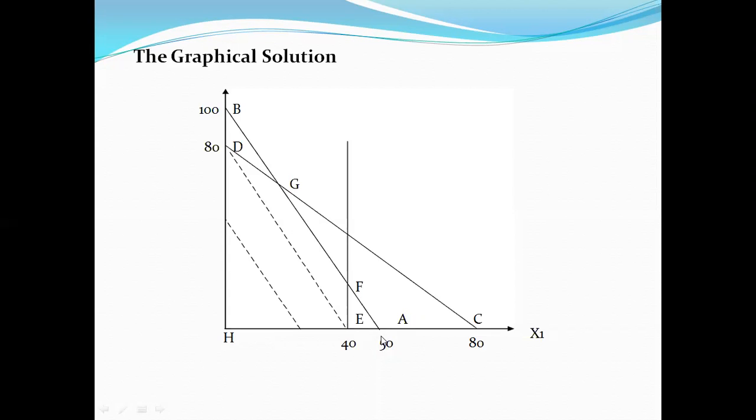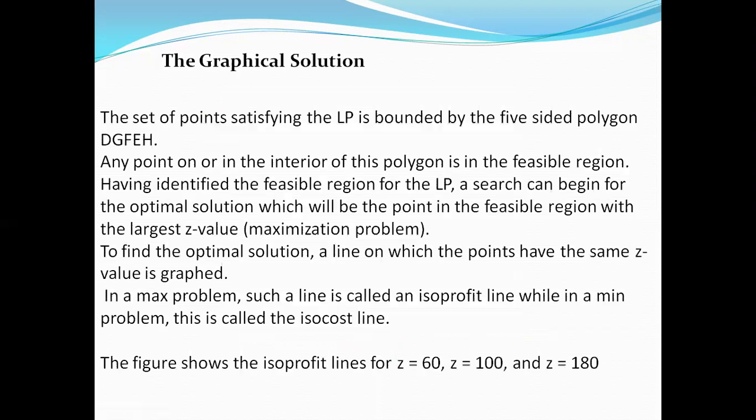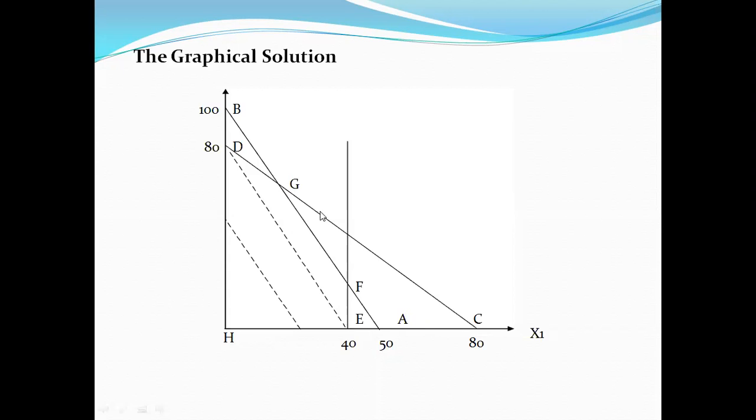That is the iso cost line. And next, upon manufacturing this, whether the profit will increase or not will be identified further. So hence there are iso profit variations.